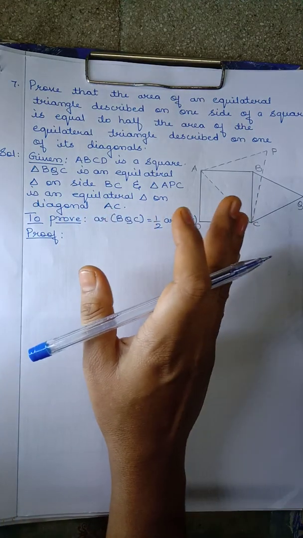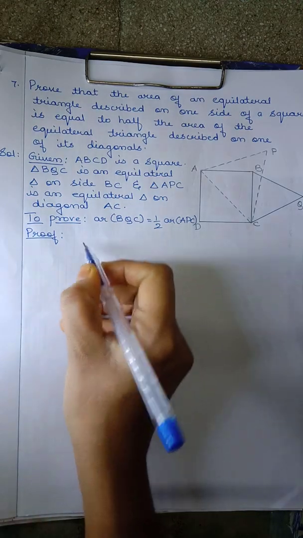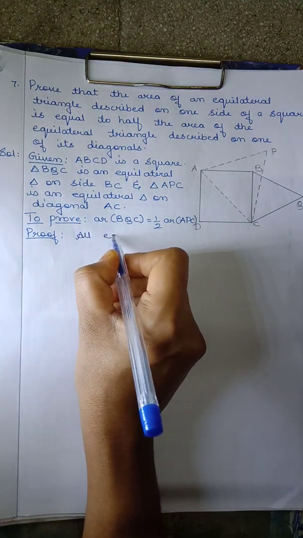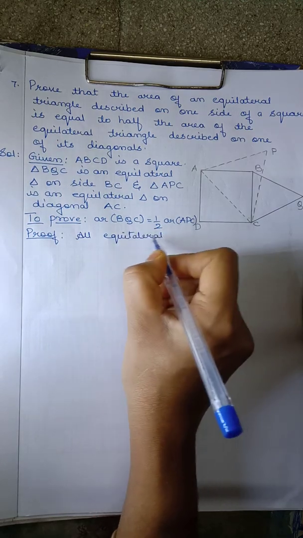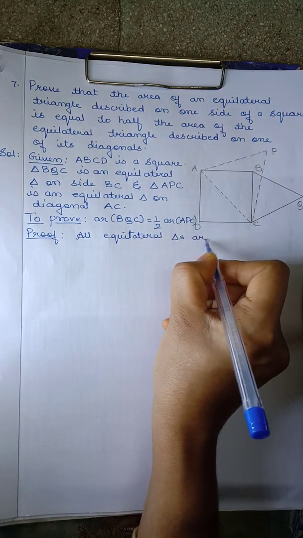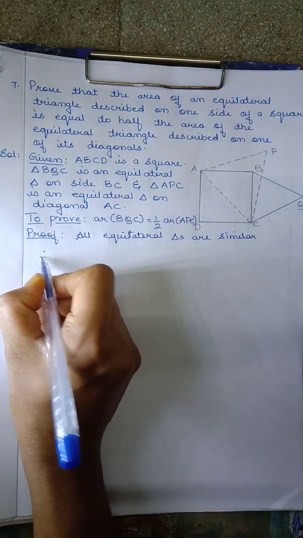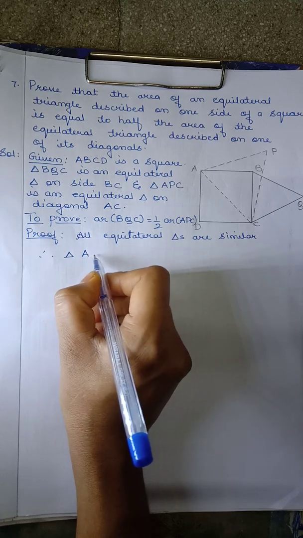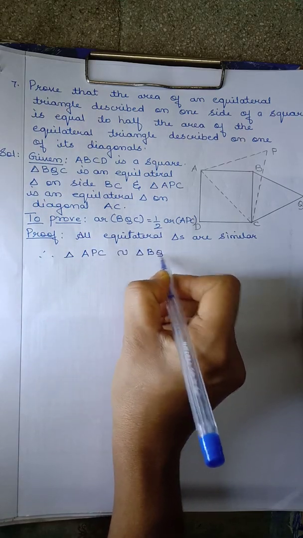So therefore equilateral triangles are always similar to each other. Okay, so therefore we can write, firstly, all equilateral triangles are similar. Okay, so therefore triangle APC will be similar to triangle BQC.